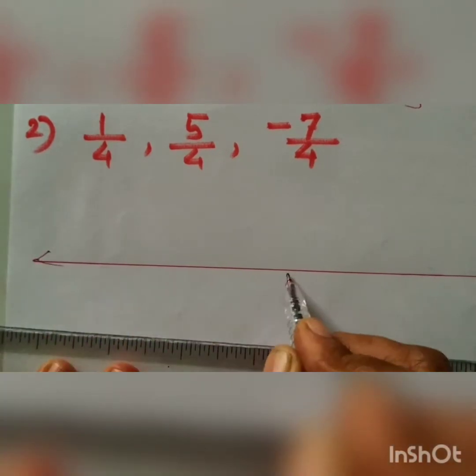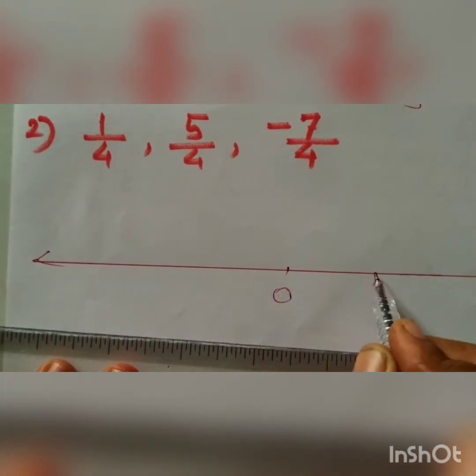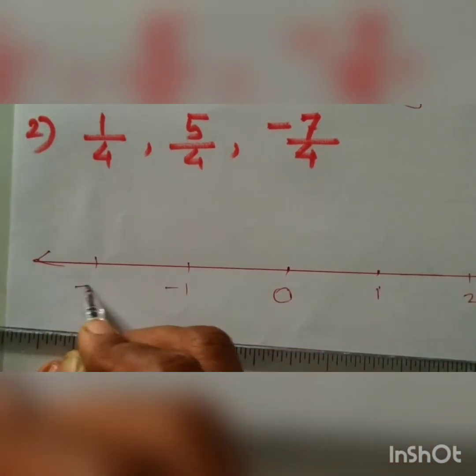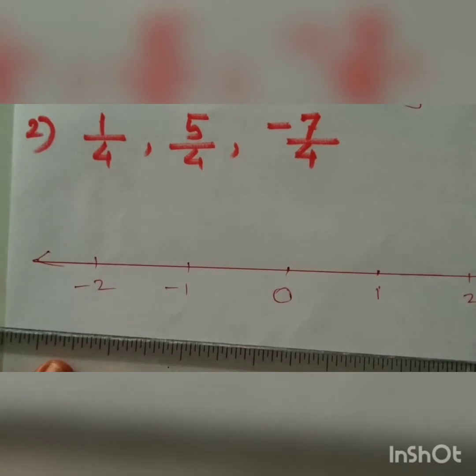At center there is 0, this is 1, this is 2, same way -1, -2. Now if you observe, the denominator of these numbers is 4, therefore we have to make 4 equal parts of each 1 unit distance. Means 0 to 1 unit distance we are considering here.